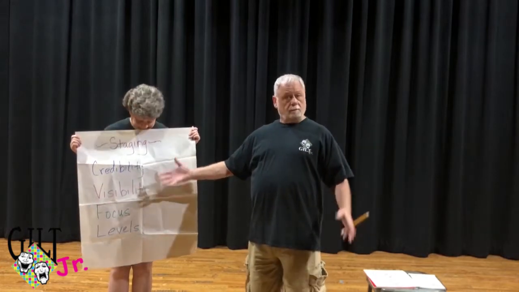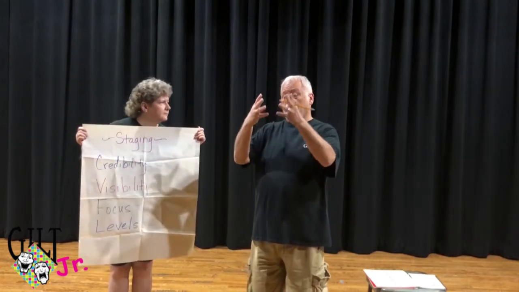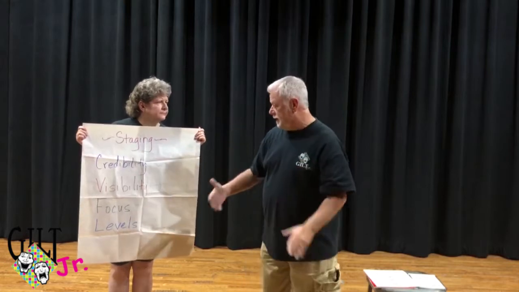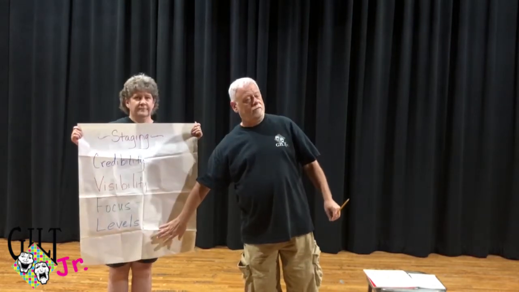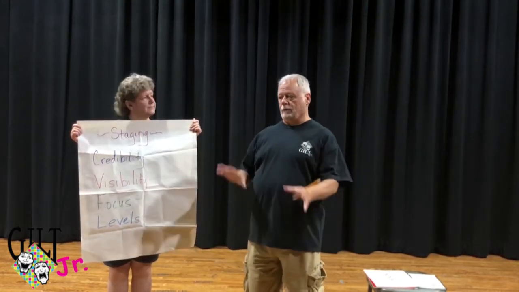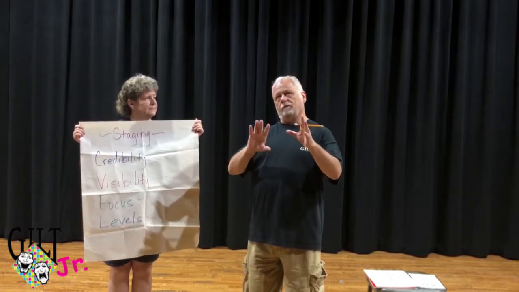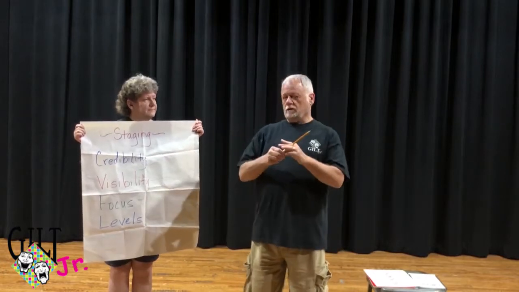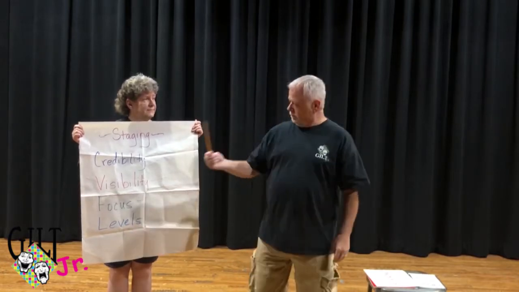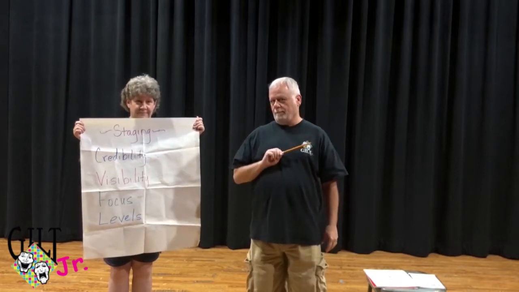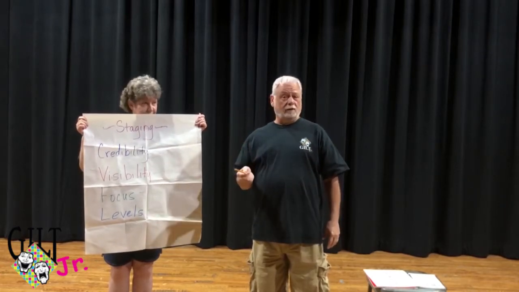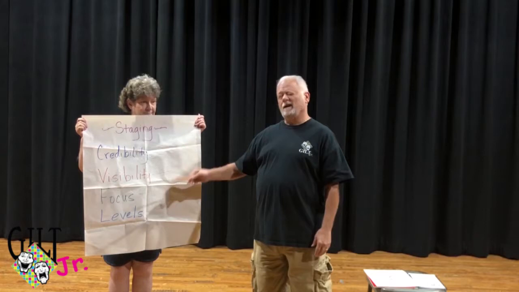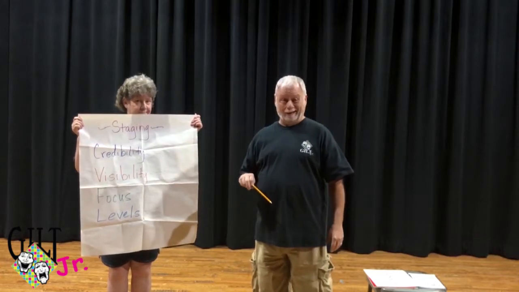Focus, meaning, are you focused? Is the audience focused on you? And levels, and we'll talk about that in just a few minutes as well. Levels, different areas, different levels. Some people are sitting, some people are standing. That's what we're talking about. So, use your pencil. Go ahead and write those down. You got them? Now, the best part about these videos is if we're going too fast, you can go back and look at it again.